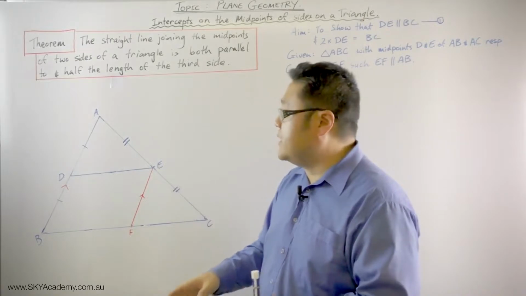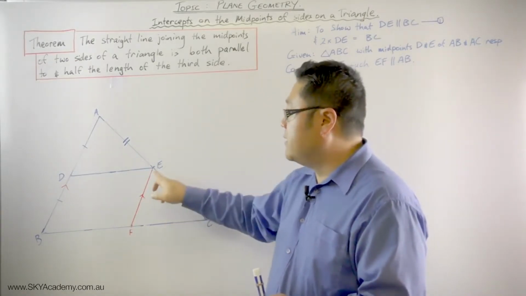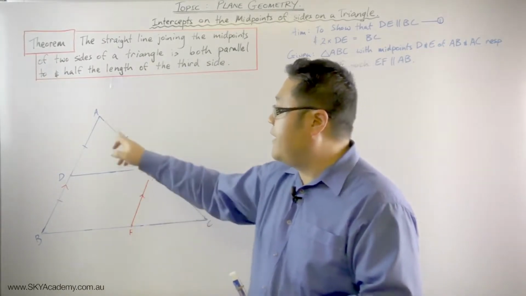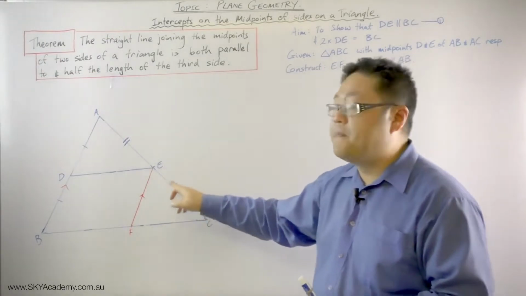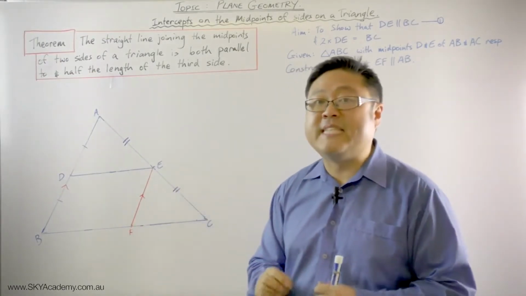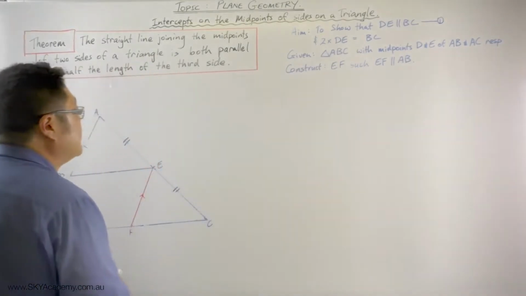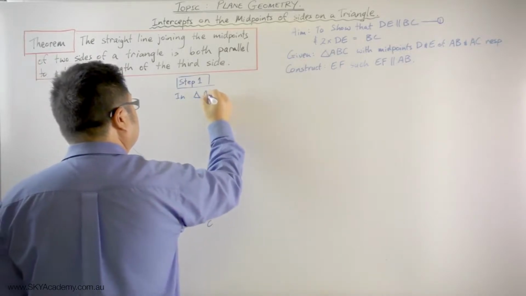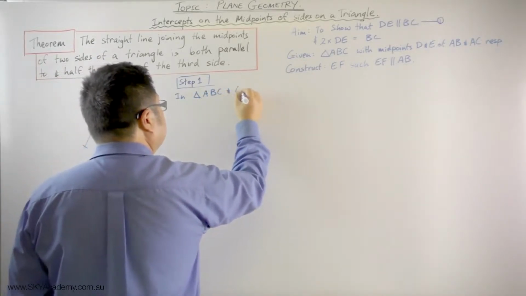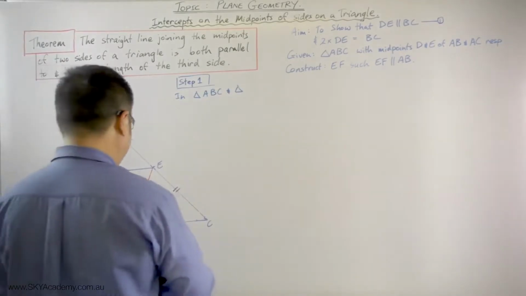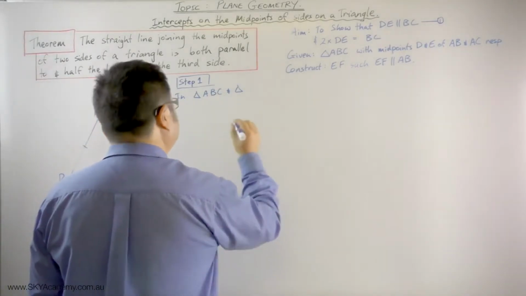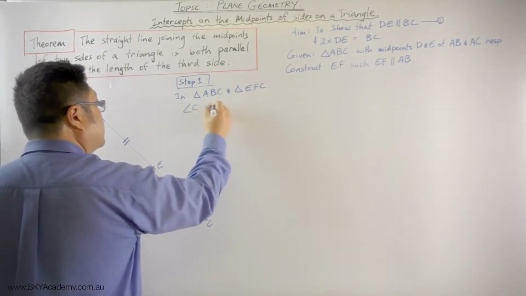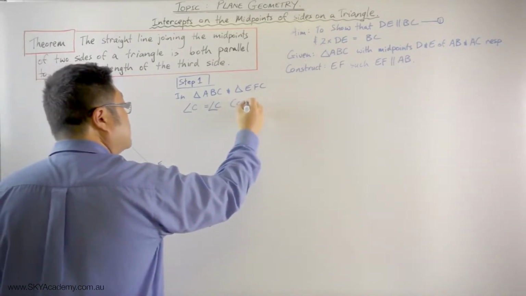We're going to start off by doing this. Step one of this proof is to take this triangle here, which is ECF, and this triangle here, which is ABC, and try to show that they're similar. So let's work that out. Step one, in triangle ABC and triangle EFC, angle C equals angle C. They're common to both.